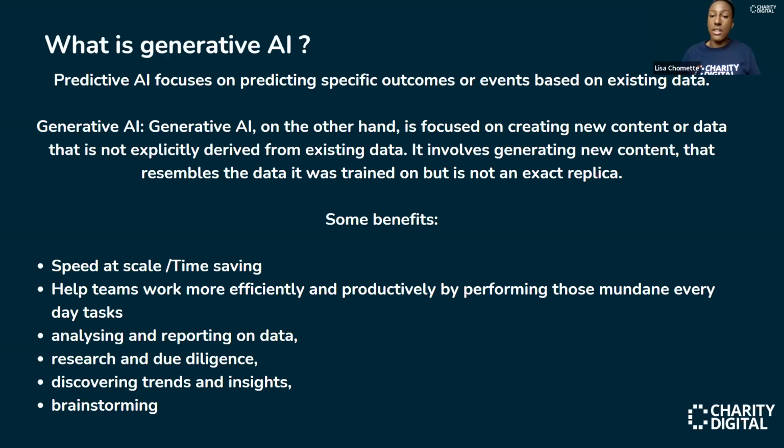Generative AI, on the other hand, depends on fast processing and intelligent algorithms, married with a huge amount of data to produce results based on specific prompts. The tech learns automatically and uses that information to improve processing and produce better results. It's focused on creating new content or data that is not explicitly derived from existing data.